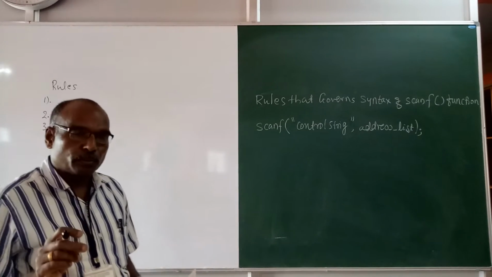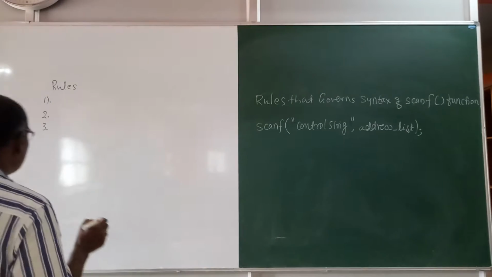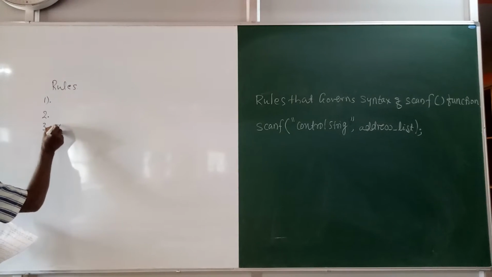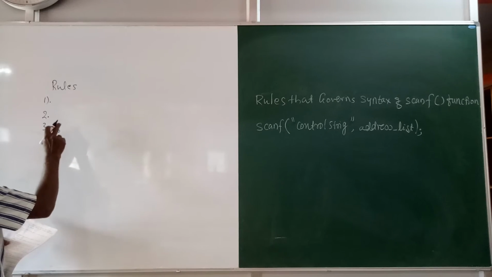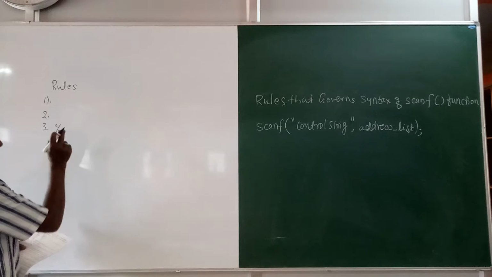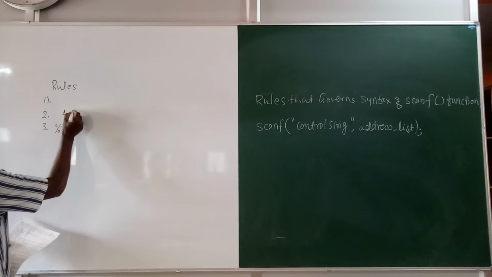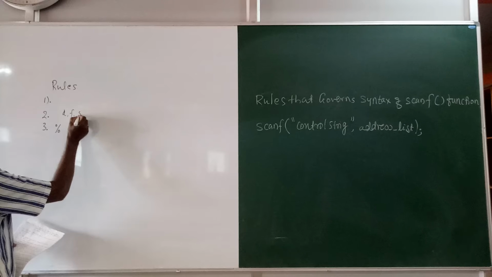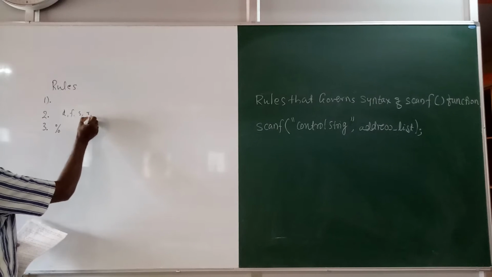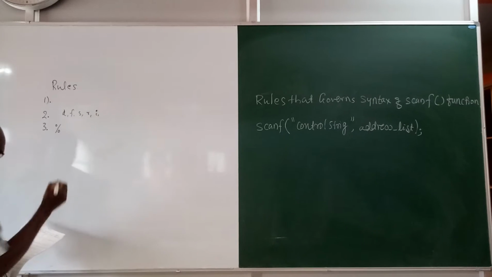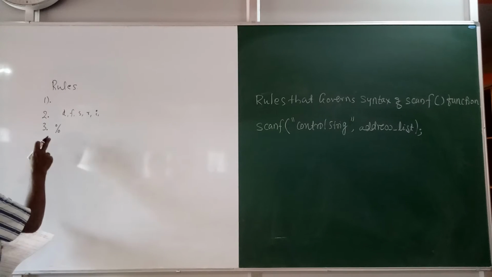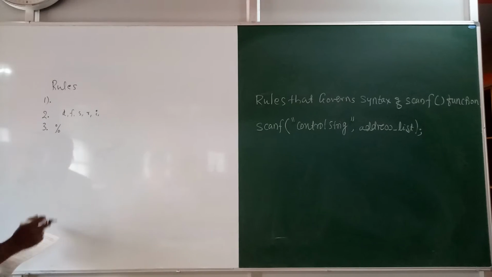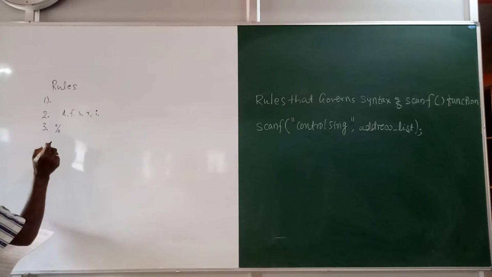Each character group should begin with the % symbol. The second rule says for every input variable there must be one character group, say d or f or s or r or i. There are many.